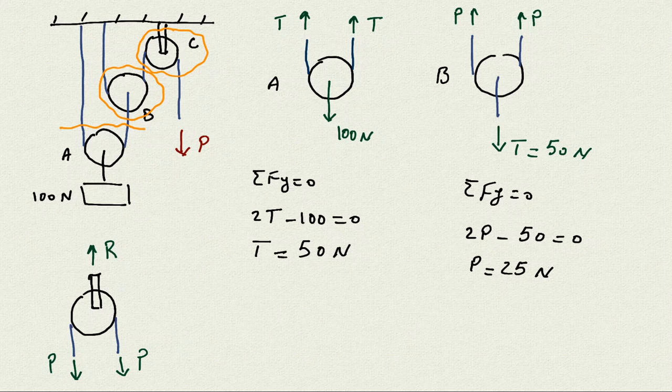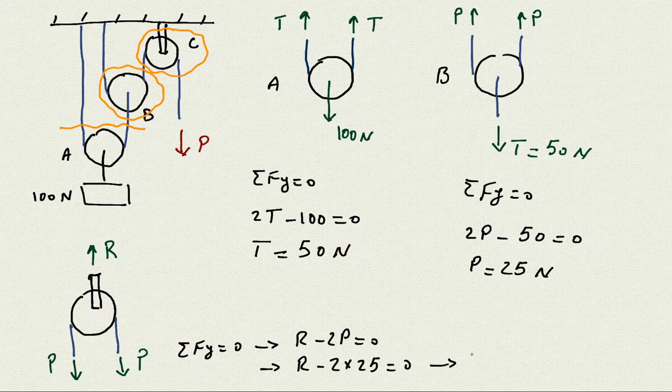And then if I write sigma Fy for the C, sigma Fy is 0, then I have R minus 2P, and we know that P is 25 newtons, so R minus 2 times 25 is 0, therefore R is going to be 50 newton.